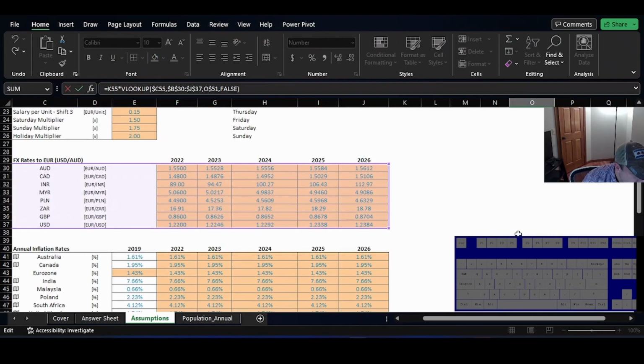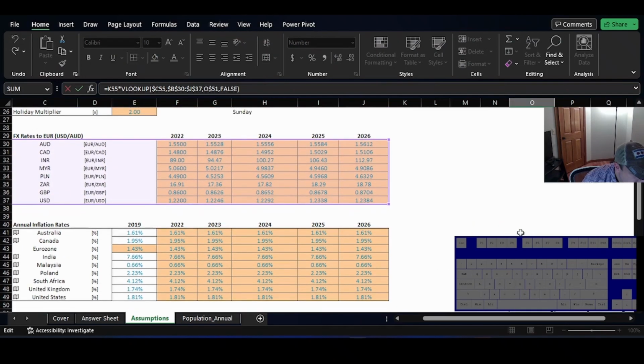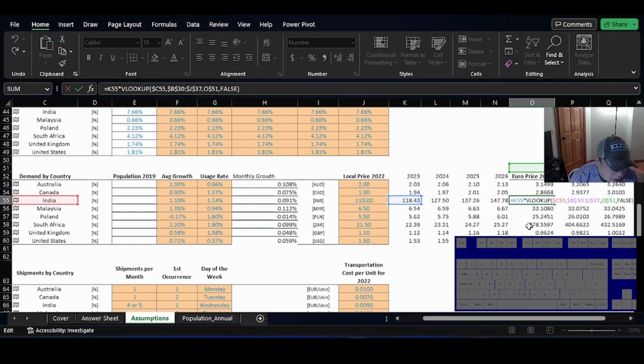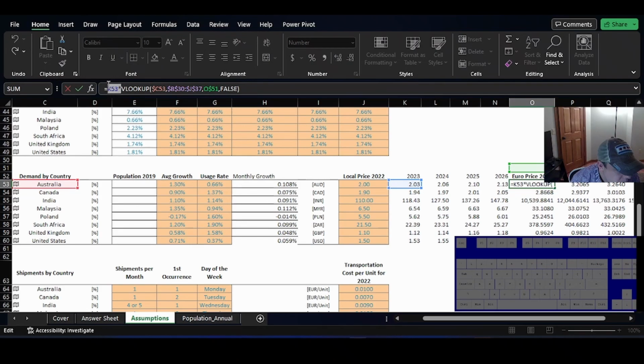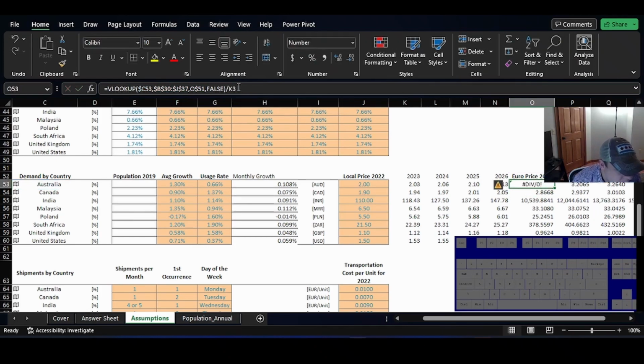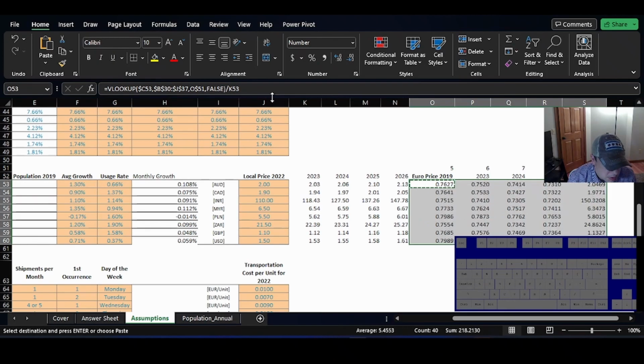So India, 89, 100, 106. Okay, that's wild. I wonder if it's that divided by K3. Nope. Okay, 53. Whoopsies. Well, whoopsie daisies. That doesn't look like it's correct either.